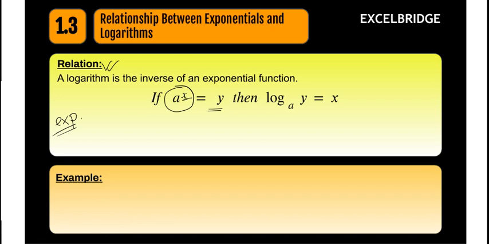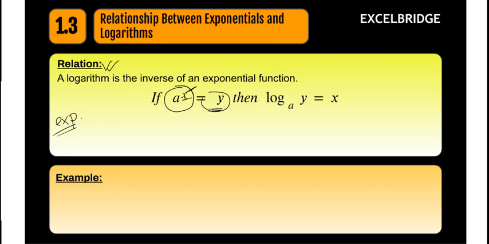So I'm repeating again, an exponential tells you what number you get when you raise this number.